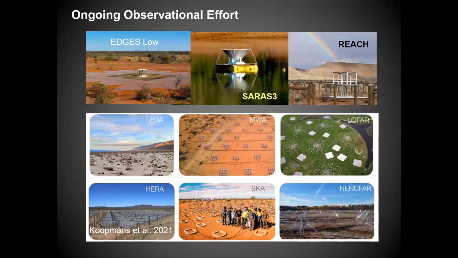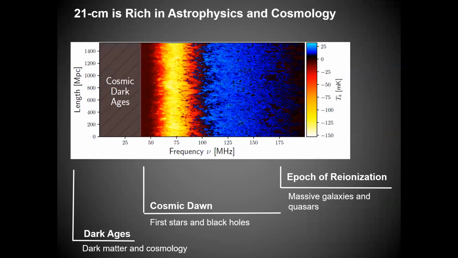MWA is also in Australia and LWA in the US. So these telescopes, in addition to just measuring total signal, they have spatial resolution because they are arrays of antennas, and they can give us information about fluctuations in the signal and eventually fluctuations over a redshift range. So they can actually eventually give us the whole map.